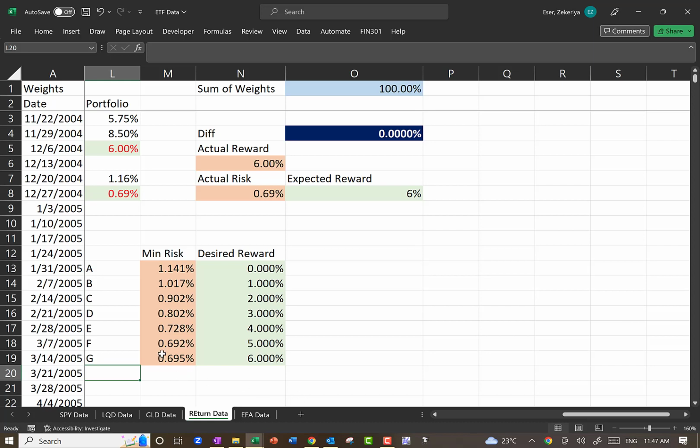I mean, I cannot rule out that it's inefficient, but the information here is not enough for me to draw that conclusion. Yes, portfolio G has a higher return, but it also has a higher risk. So let's try something in between.